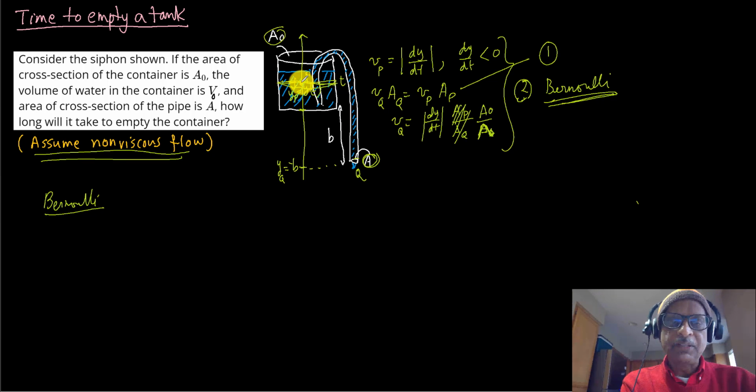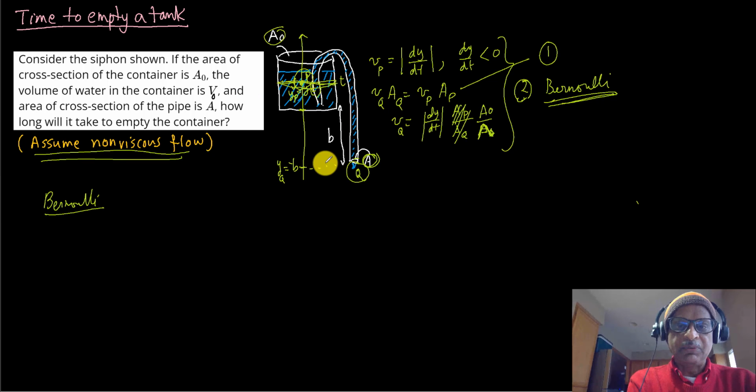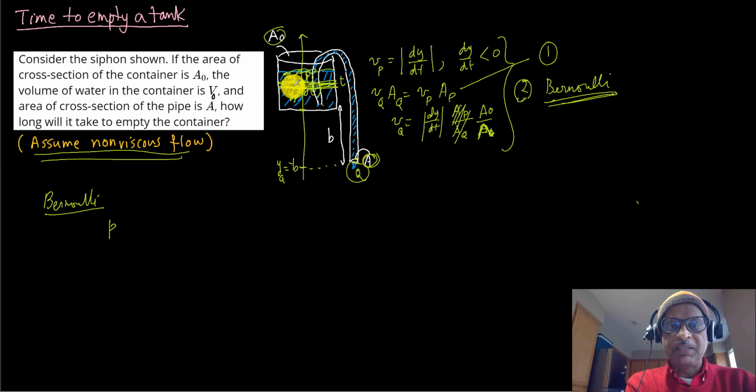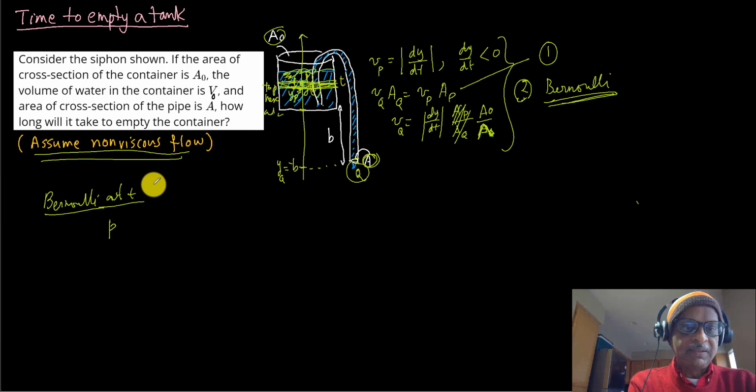so I'm going to set it up at point P and point Q. So there's some pressure here. There's no fluid over here now. At this point, the fluid top is here, at time t.